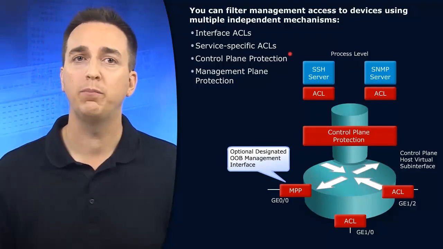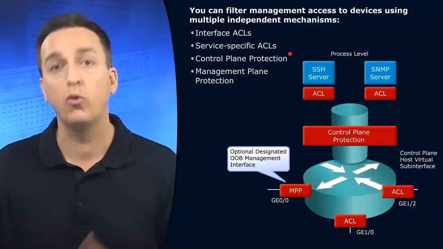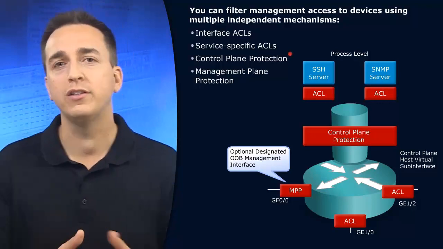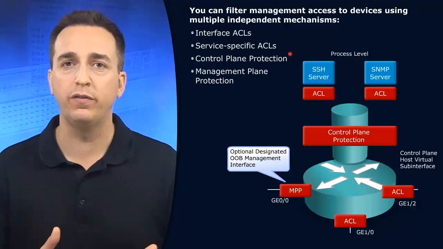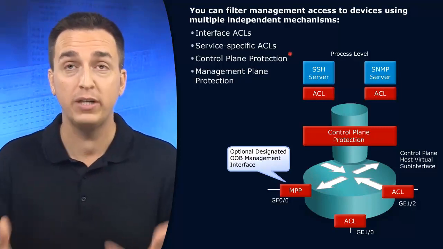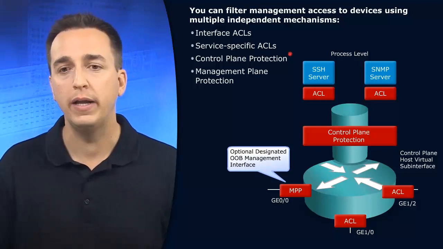Now, control plane protection is going to take us to the next level. See, with control plane protection, we can set up quality of service filters. Now, why would you want to do that? Well, with quality of service filters, we can manage the traffic flow of the control plane packets. That's right. With control plane protection, we can manage that traffic flow for the control plane.